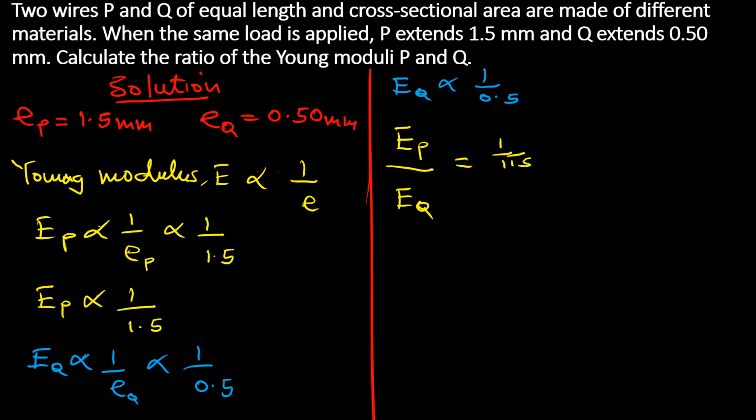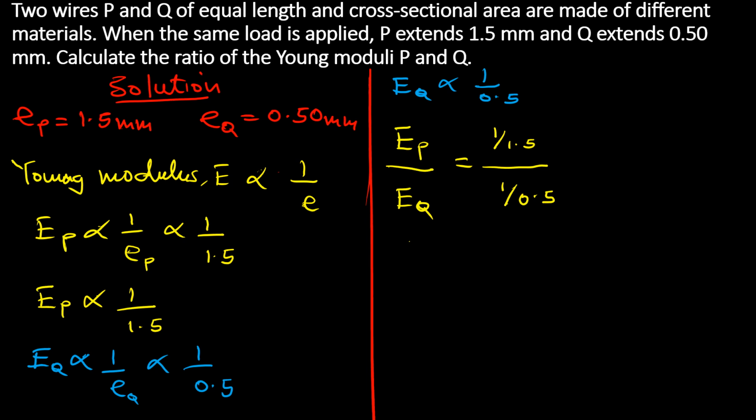Let me write it well. Okay, so 1 over 1.5 all divided by 1 over 0.5.